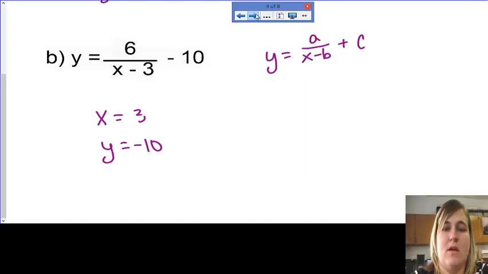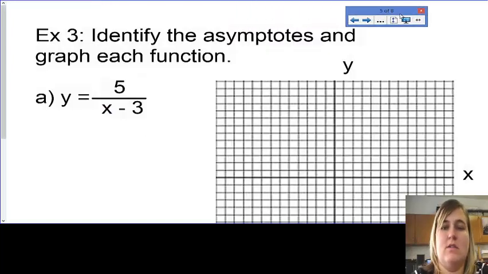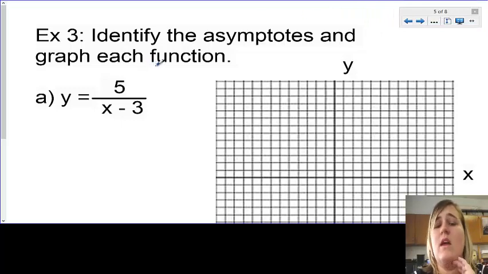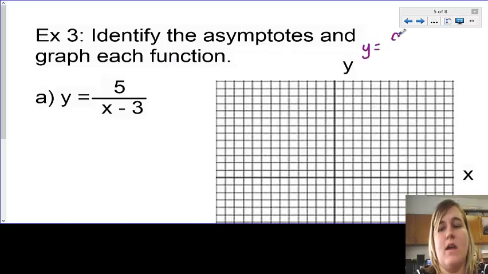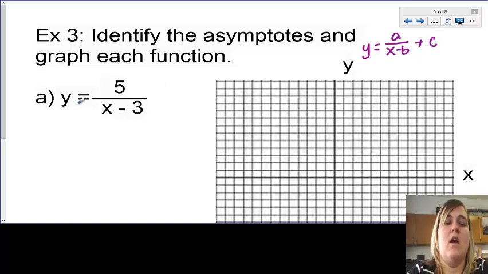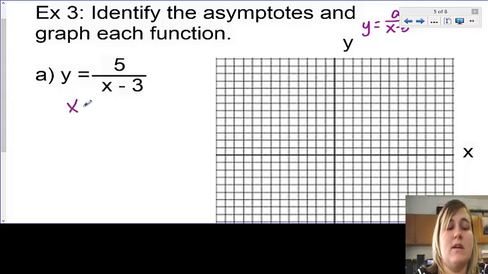Okay, so it says identify the asymptotes and graph each function. So I'm going to, again, start by writing that formula, y equals a over x minus b plus c. For my asymptotes, my x is equal to b, which is 3 here, and my y is equal to my c, which is going to be plus 0, so just 0.